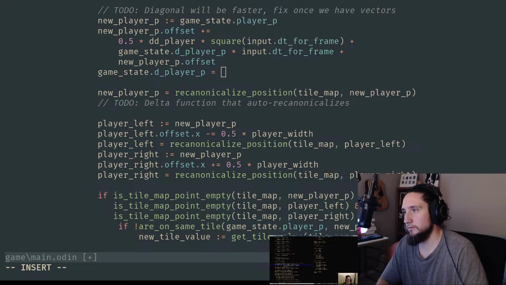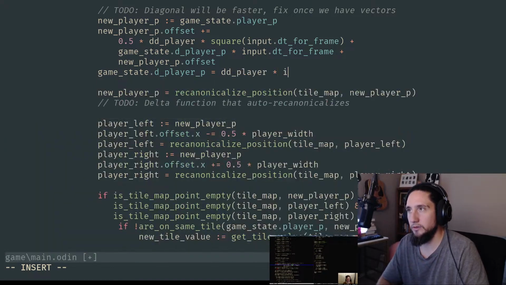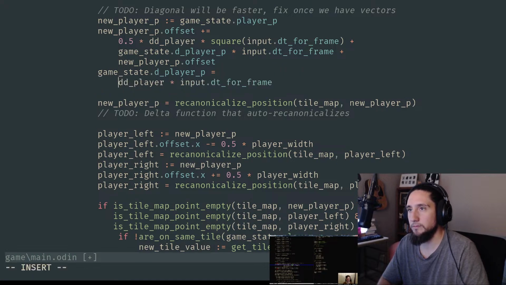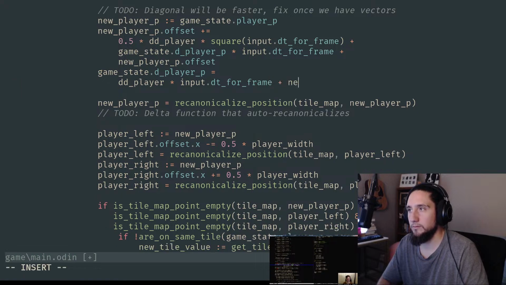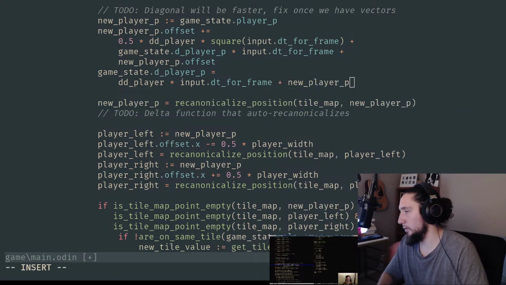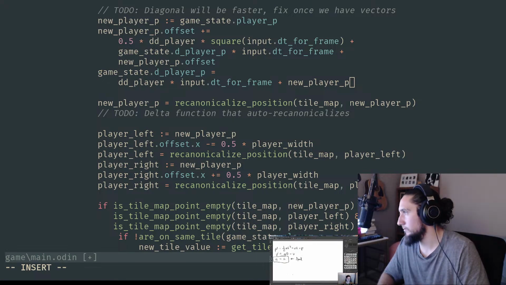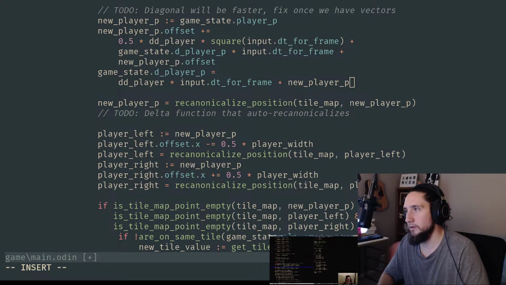There's my a, right? What was it? at. So ddPlayerP times t plus the offset. Was that right? What did he say it was? It's just at plus v, plus the velocity.